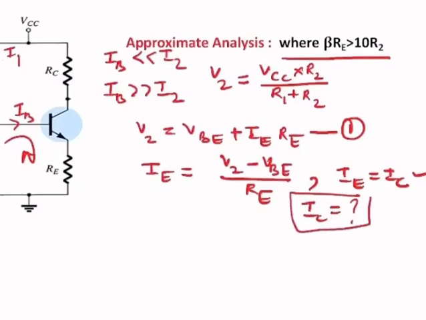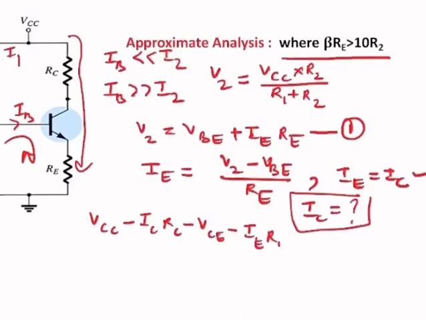Now apply KVL to the output circuit. The output circuit is the same as we had taken in the last slides. When we apply KVL, we get VCC minus ICRC minus VCE minus IERE is equal to 0. From this equation 2, find the value of VCE.